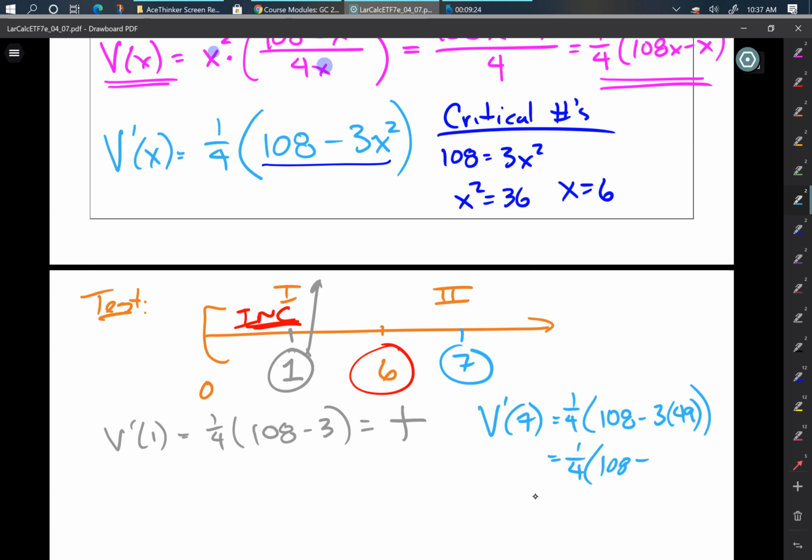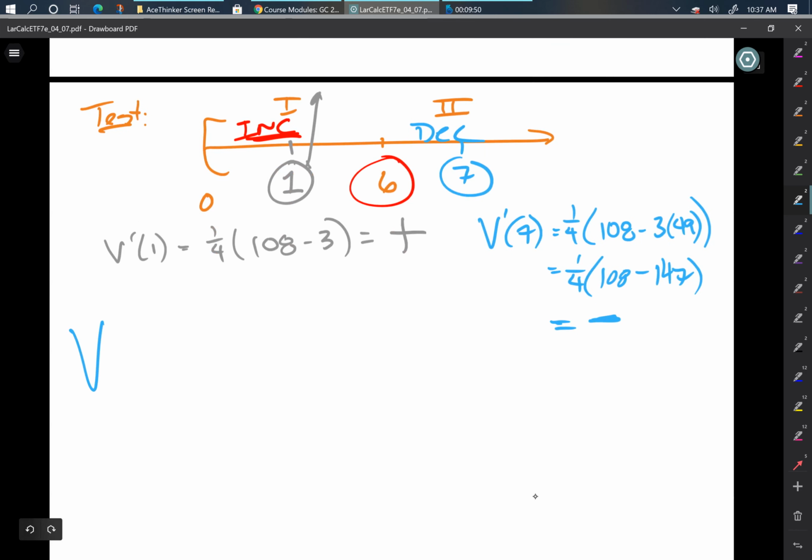So 3 times 50 is 150, minus 3 is 147. 108 minus 147, times 1/4, is a negative number. A negative number means that we are decreasing on that interval, and so if we are increasing to the left of our critical value and decreasing to the right, that means that our critical number, 6, represents a maximum.